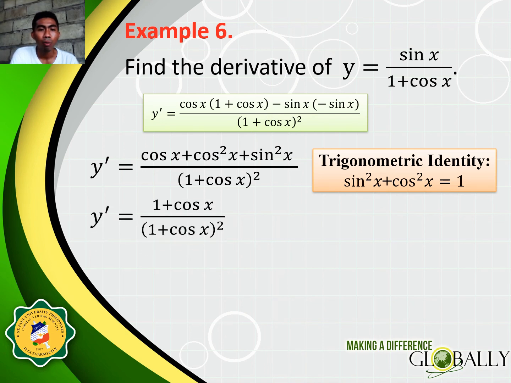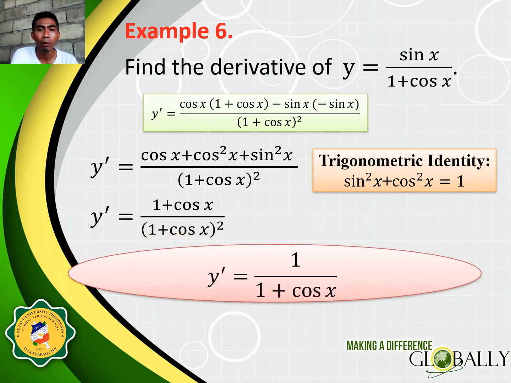We have y prime equals 1 plus cosine x over 1 plus cosine x squared. Now we can cancel the numerator 1 plus cosine x and subtract 1 from the exponent of the denominator.